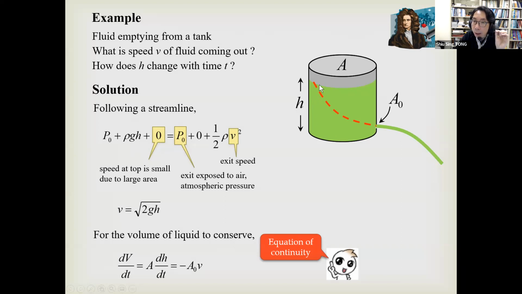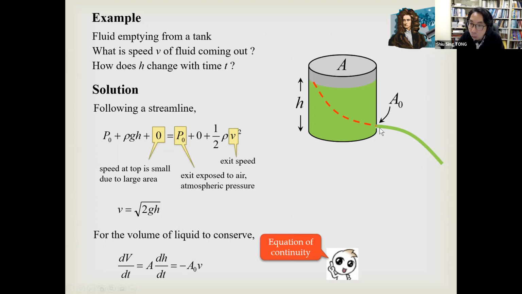Since the liquid is descending slowly, the change in the height of the liquid is very slow compared with the ejected speed at the hole, so we can neglect the descent rate of the liquid. The velocity here can be taken essentially as 0. So we neglect the kinetic energy term: the half rho v squared on the surface of the liquid is negligibly small.